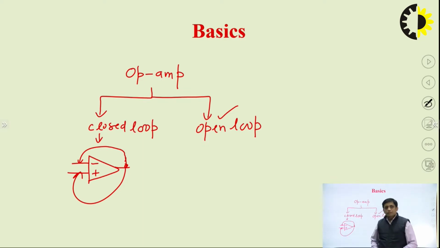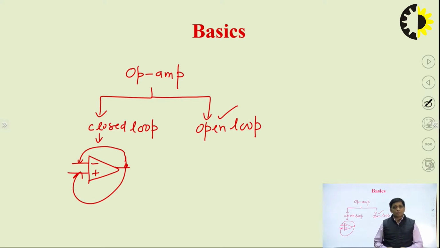Negative feedback is utilized in amplifiers, and positive feedback is utilized in oscillators. So there are various applications of operational amplifier in closed loop configuration, for example, adder circuit, subtractor circuit, integrator, differentiator, etc.